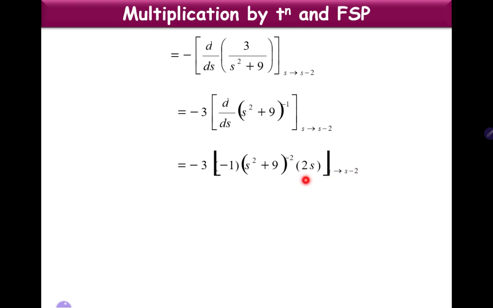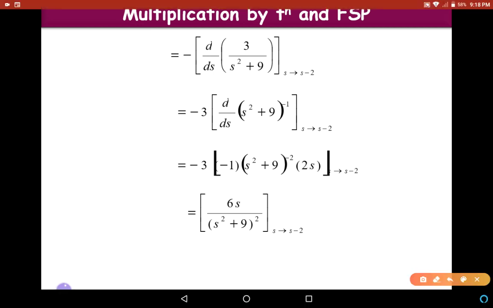Now multiplying 2s, minus 1 and minus 3, we get 6s, and s square plus 9 whole power minus 2 gives s square plus 9 whole square, where s is replaced with s minus 2. Because the internal term is completely simplified, now we can replace s with s minus 2.